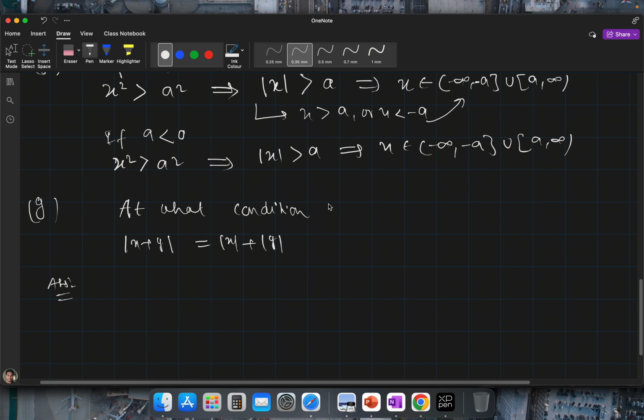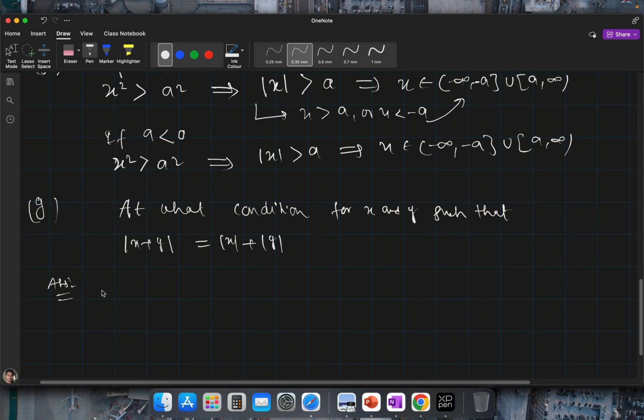I mean, what is the condition for x and y such that mod of x plus y will be exactly equal to mod of x plus mod of y? At what condition? Just think about it. X and y can be any real number. Now just tell me what is the solution. What kind of x and y should I put there such that it will satisfy this equation? X and y both should be greater than or equal to 0.